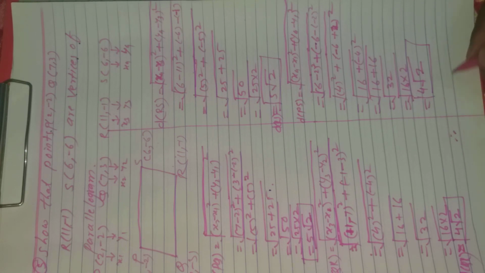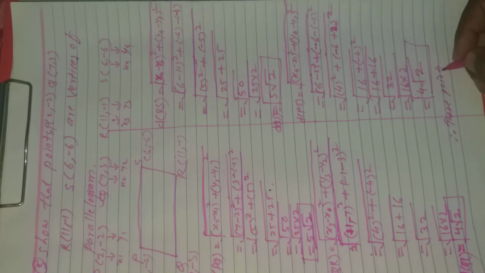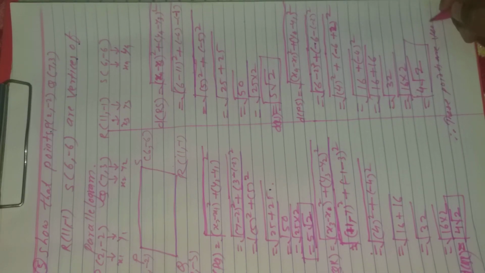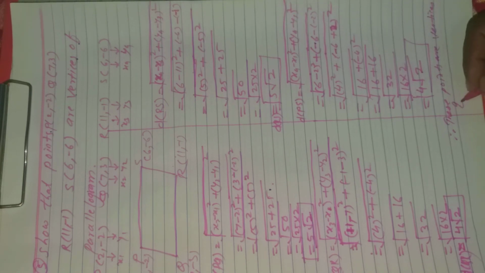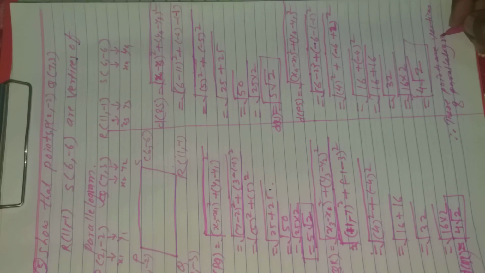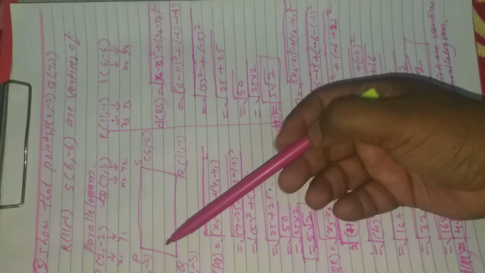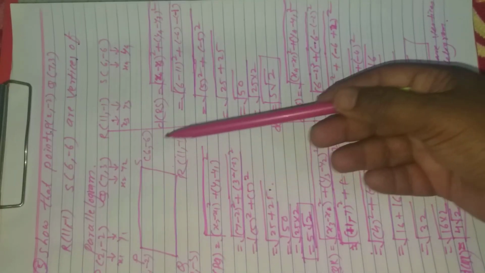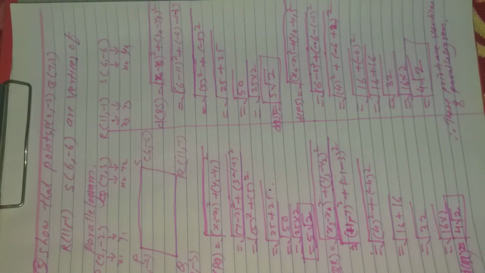Therefore we can say that these points are vertices of a parallelogram, because the sides which are opposite to each other in a parallelogram are equal to each other. This is the property of a parallelogram. Hope you will understand how to solve the questions.